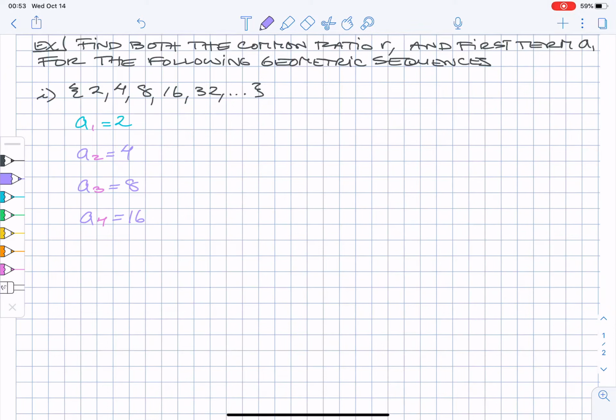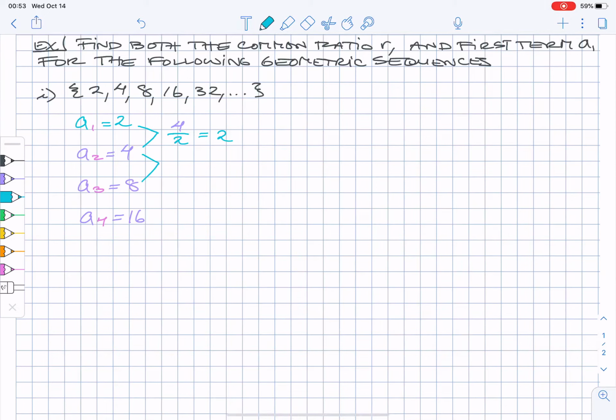So what I want to do is find the common ratio. In order to do this, we have to be careful. What we need to do is the next term over the previous term. So 4 divided by 2 is 2.